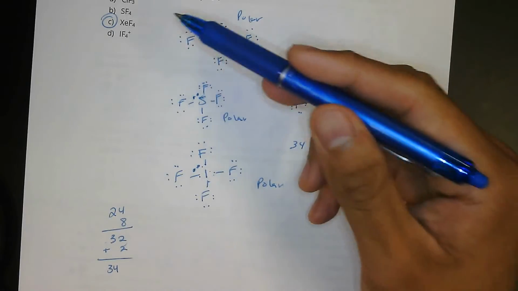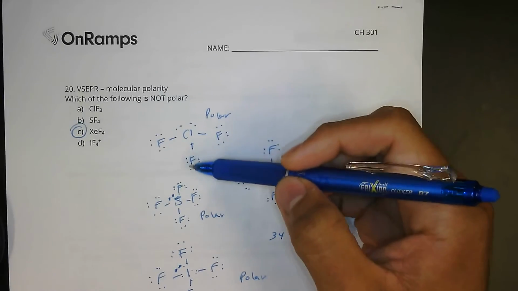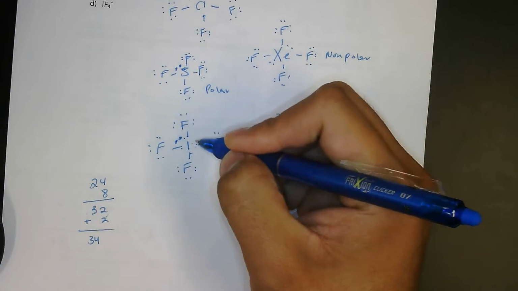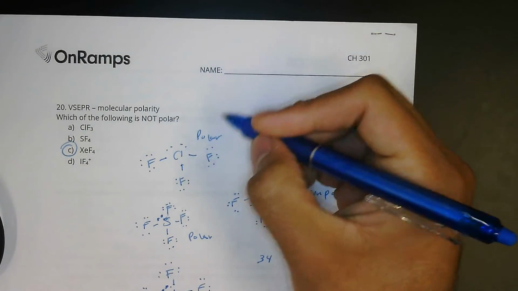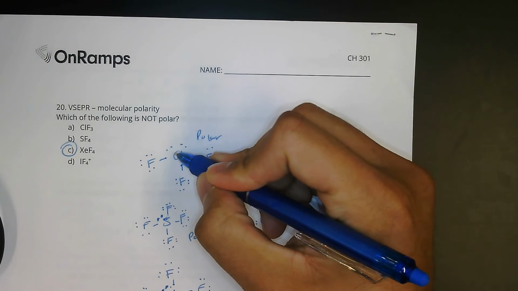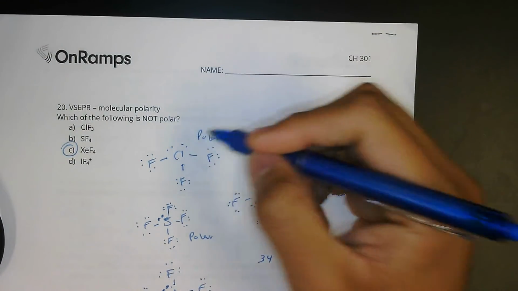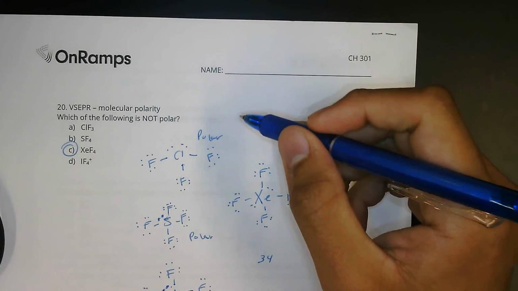Before I talk about xenon F4, I had a question today in class. The way that I explain this is if you have this lone pair, there's no other lone pair to balance it out. Well, someone asked me, how come these two don't balance each other out? So we talk about that T shape, and the T shape is actually a polar molecule.